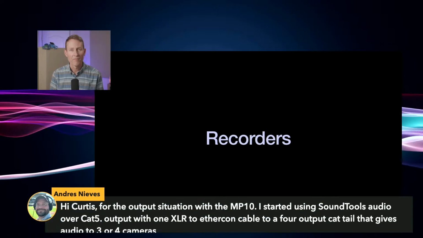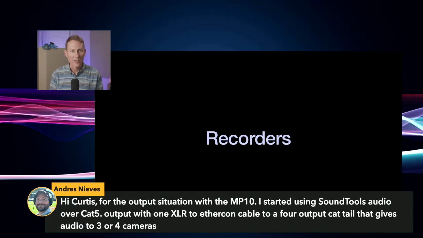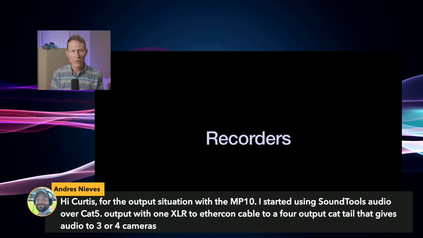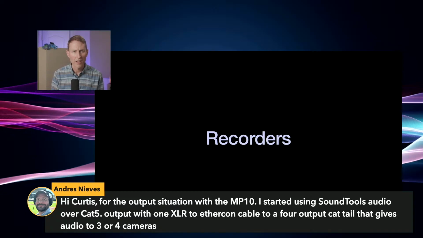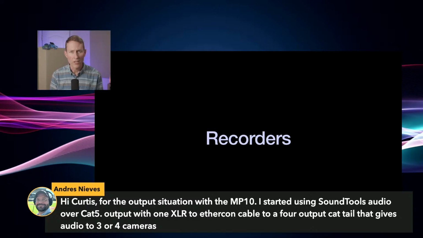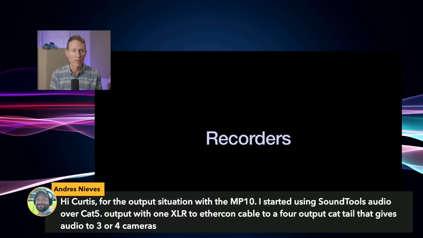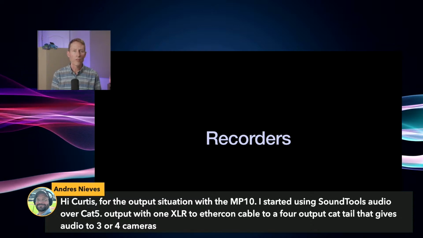I don't know if this is a question. Andres: Hi Curtis. For the output situation with the MixPre 10, I started using Sound Tools audio over Cat5 output with one XLR to Ethercon cable to a 4-output cattail that gives audio to 3 or 4 cameras. Oh, that's cool.